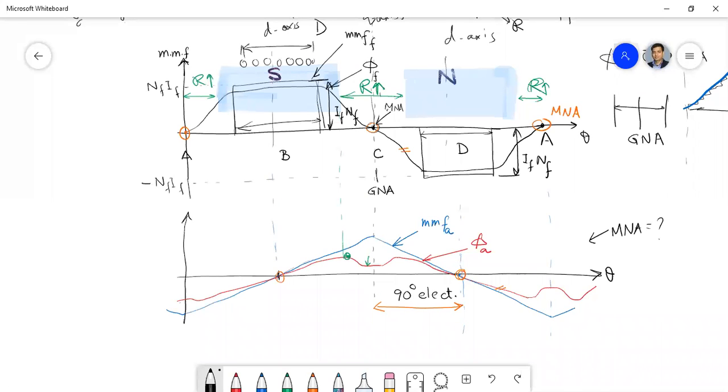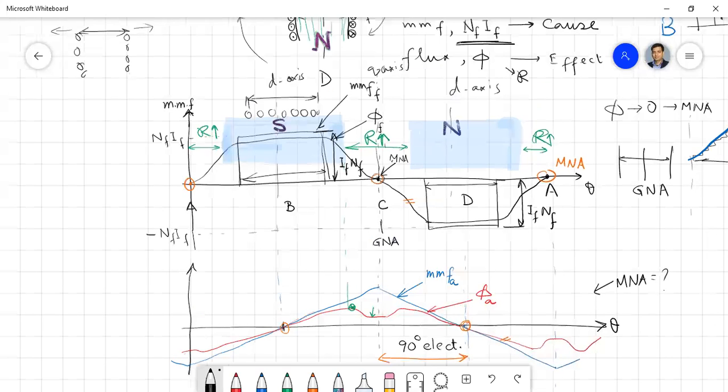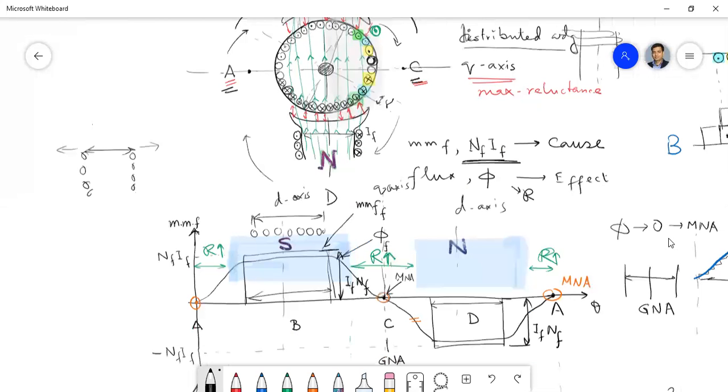Though the armature is rotating, the distribution which I have drawn here will not change. This point you should understand and remember carefully, because when this conductor rotates and moves to this conductor position, then it will change from cross to dot.